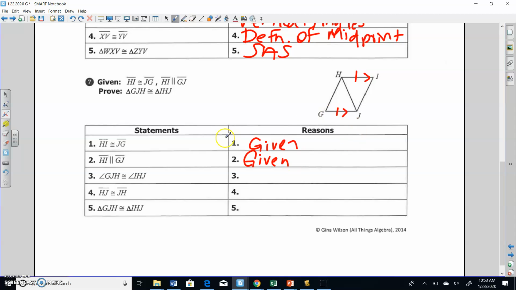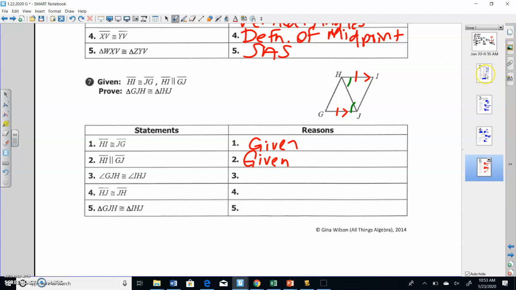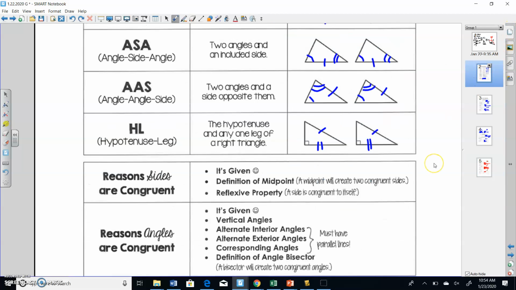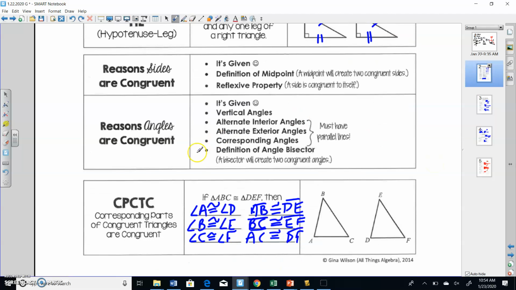Okay, so now we're going to say that GJH, I'm going to use a different color, this angle is congruent to IHJ. How do we know that those two are congruent? Well, let's remember, if we want to show angles are congruent, it's either given. Was that given to us?